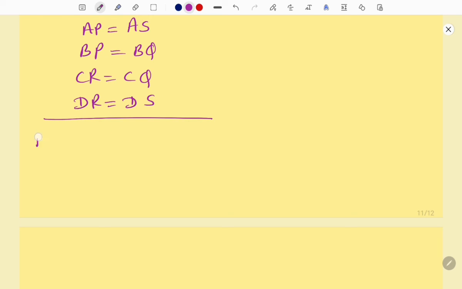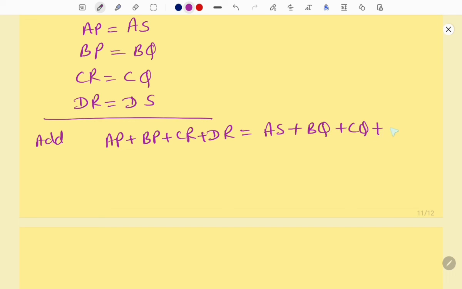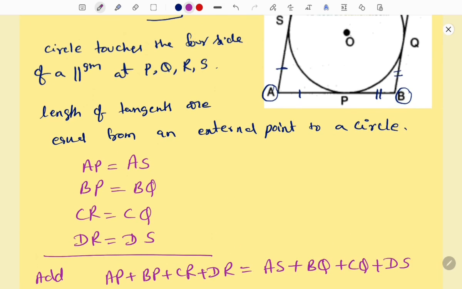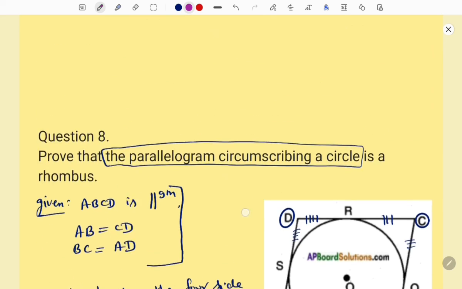Now we can add all these four. What we get? AP plus BP plus CR plus DR is equal to AS plus BQ plus CQ plus DS. Already in the previous question we have discussed this one.